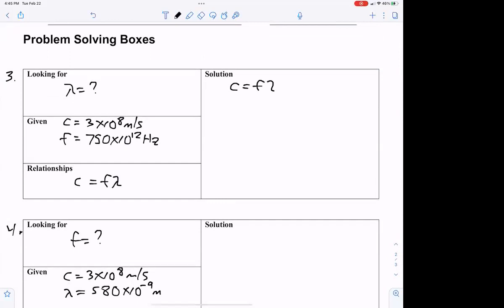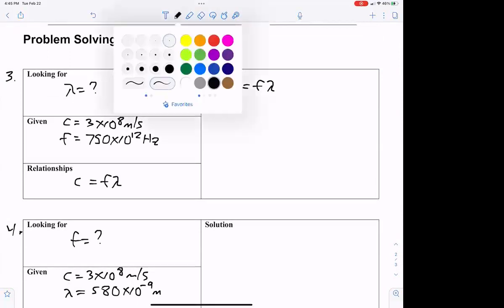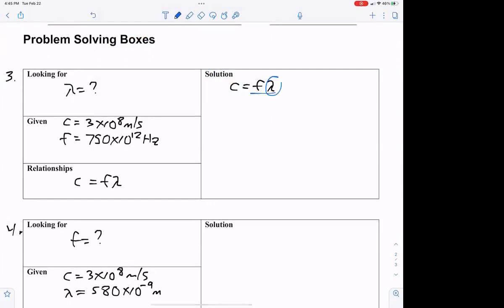So C is equal to F lambda. You are looking for lambda, so you need to achieve that by dividing away the frequency. So lambda is equal to C divided by the frequency, which would be 3 times 10 to the 8 over 750 times 10 to the 12.